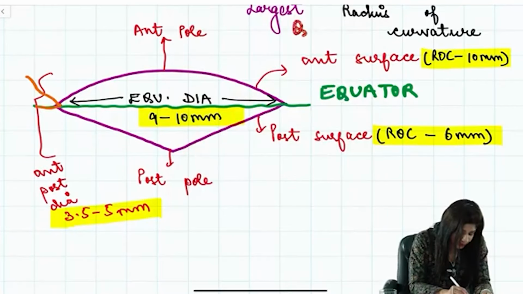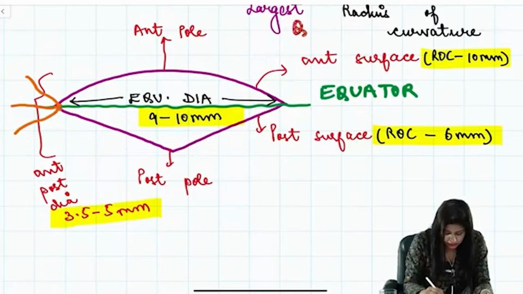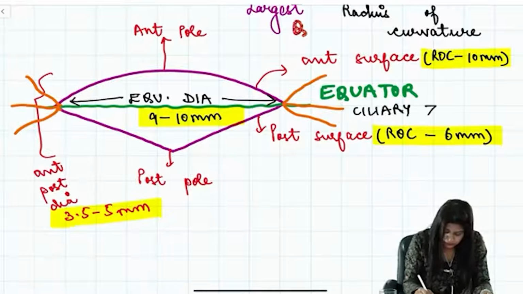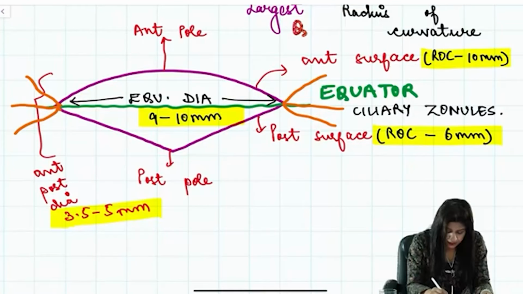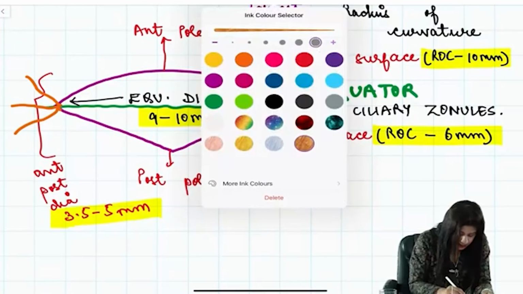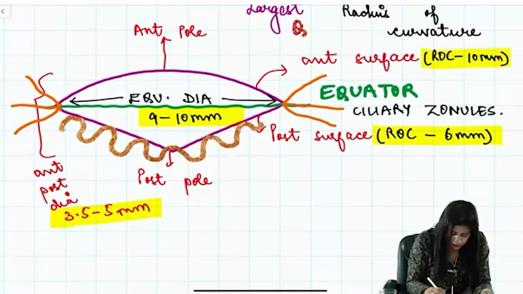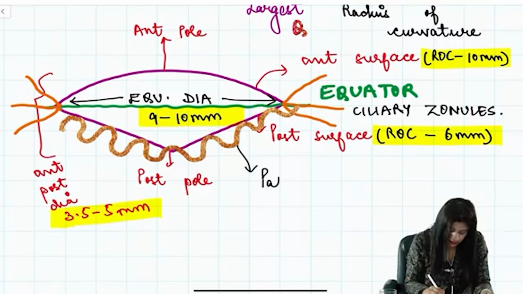These are the ciliary zonules which will hold the lens. And it lies over a sulcus. That sulcus is called the patellar fossa.